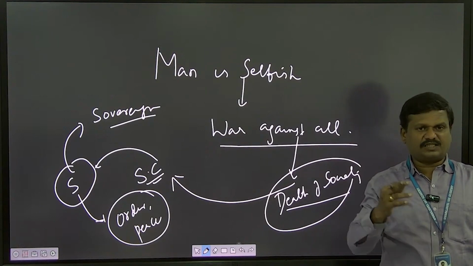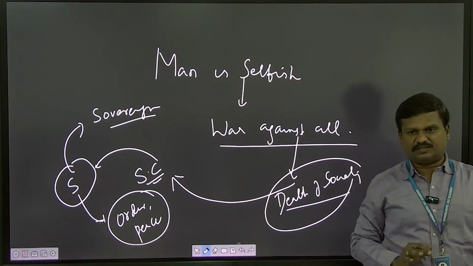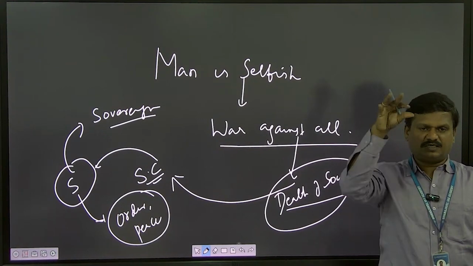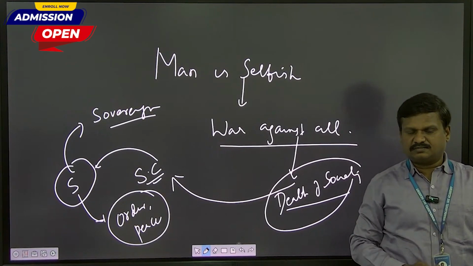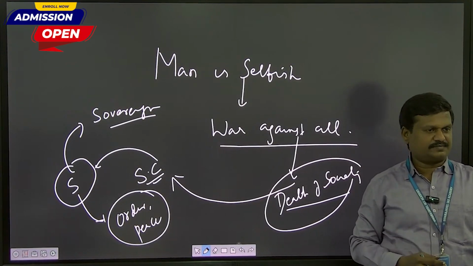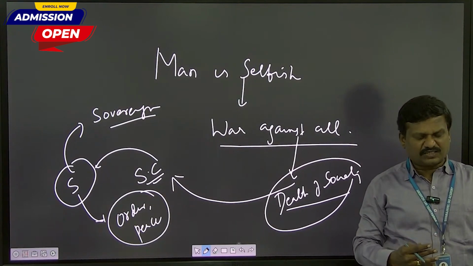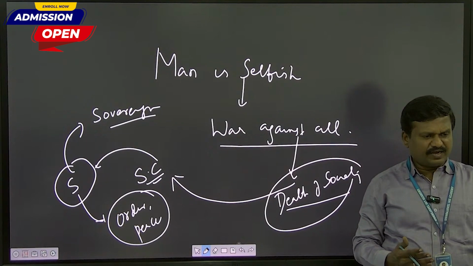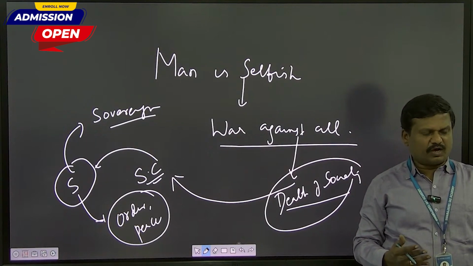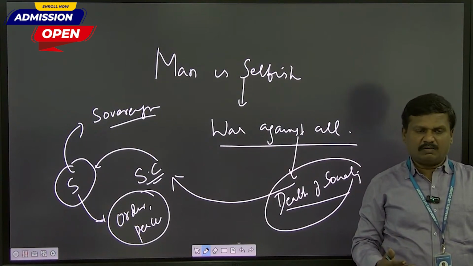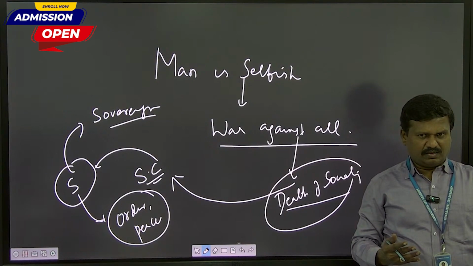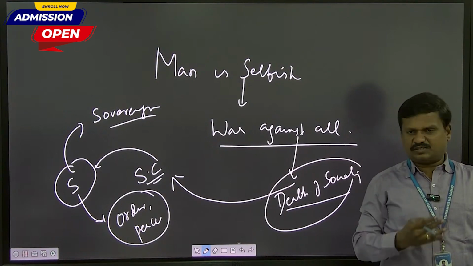And in democracy, that state is elected by the people every 5 years. And recently, that state got elected at the national level. You know about that. So the reason for why there has to be a state is to prevent confusion, to prevent chaos, to prevent war of all against all by the selfish nature of man.